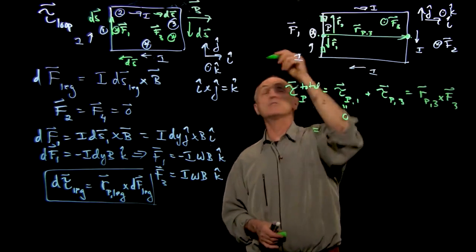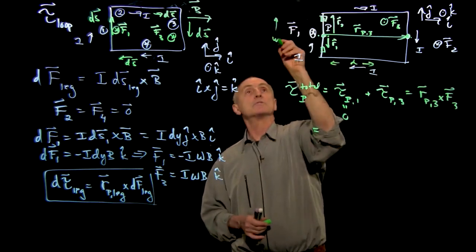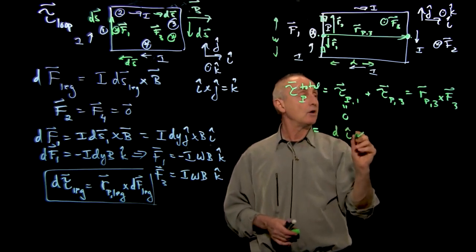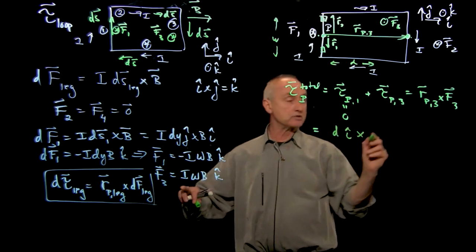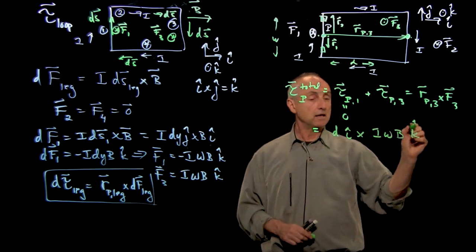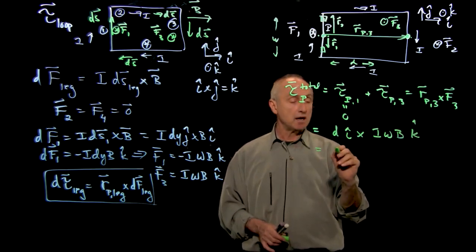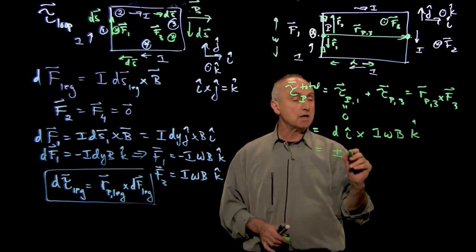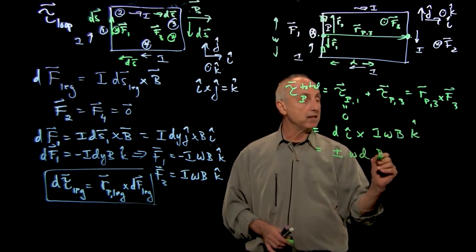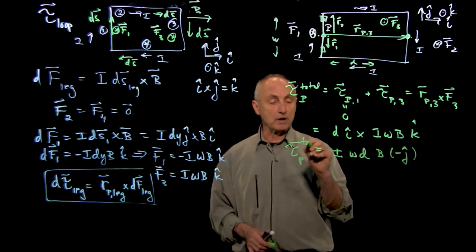We had a distance that this was length D, and this was W. And so we have D i hat cross F3, which was I W B k hat. And i hat cross k hat is minus j hat. So we get I times W times D times B in the minus j hat direction. And that is the total torque.